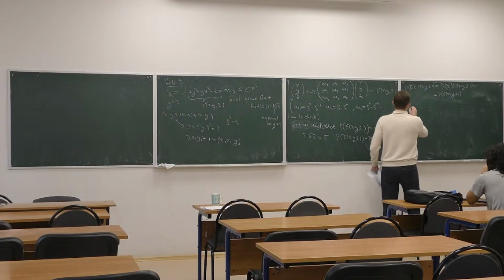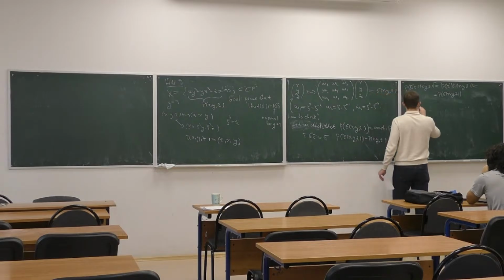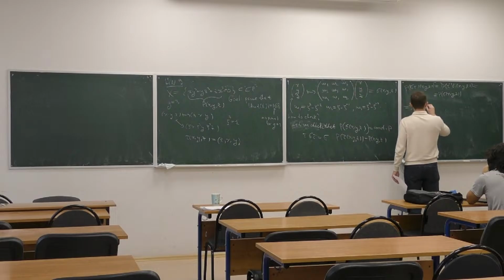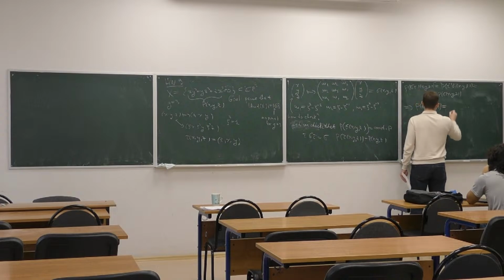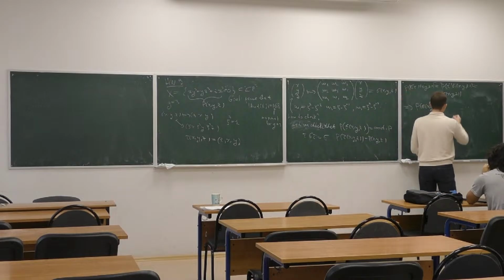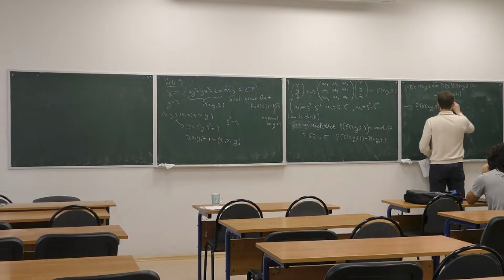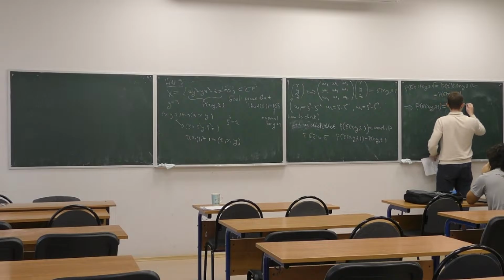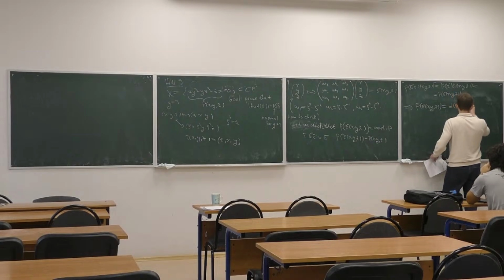Then this implies that this polynomial that we want to compute, p(sigma(x, y, z)), is equal to some constant alpha times x y cube plus cyclic permutations.